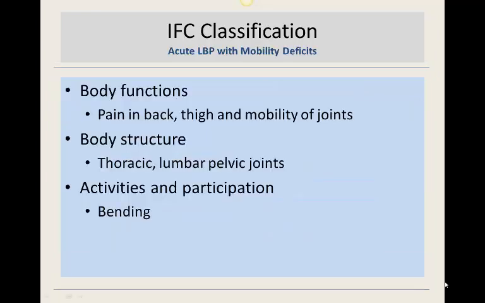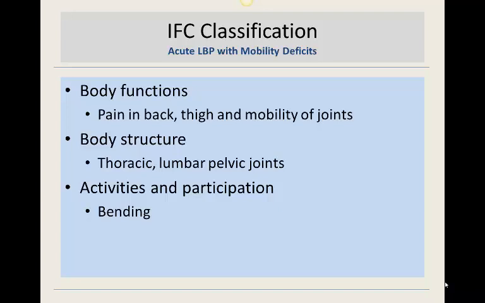The first classification is acute low back pain with mobility deficits. So this is typically a patient who presents with problems with mobility. And the body functions, under the body functions category, could be pain in the back, thigh, and the mobility of joints.